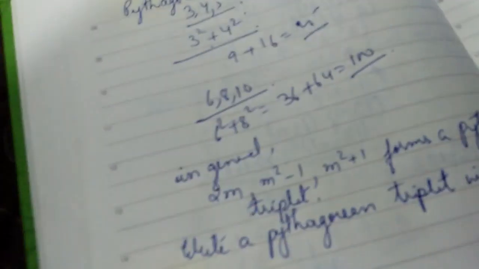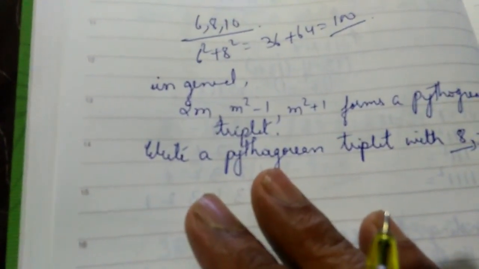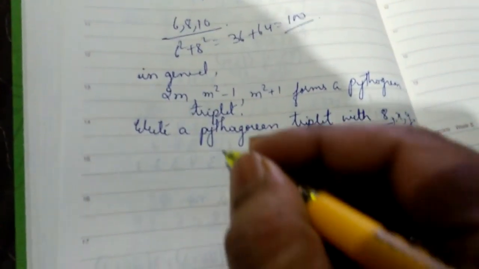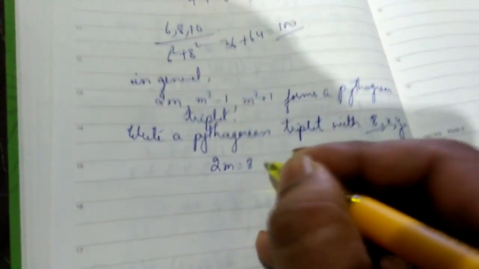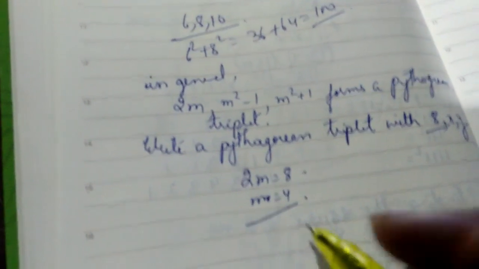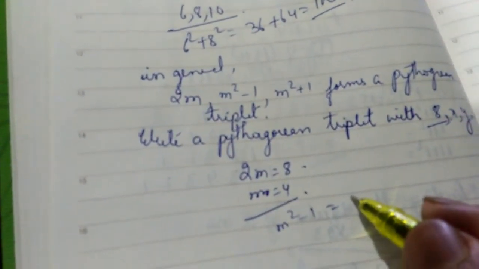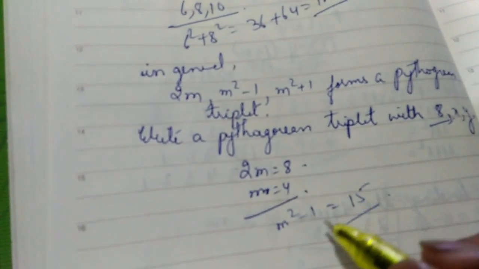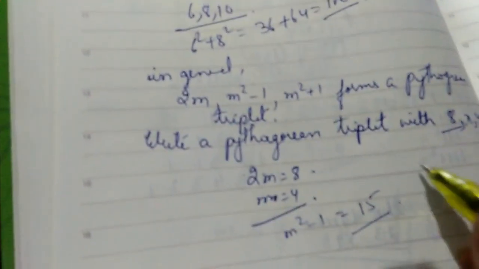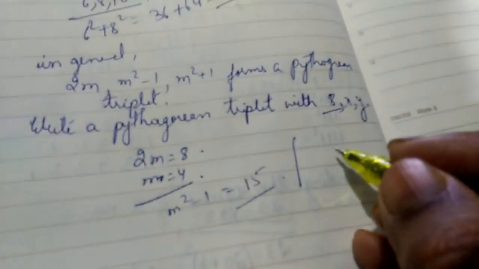We have the formula here, 2m, m square minus 1 and m square plus 1. So let's say 2m is equal to 8, m is equal to 4. Okay, so m square minus 1 is equal to 15. 4 square is 16 minus 1, 15. M square plus 1 is equal to 17.